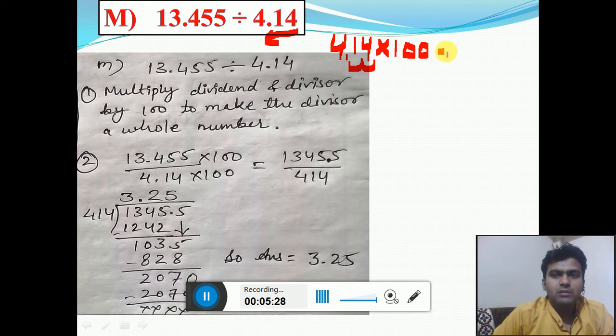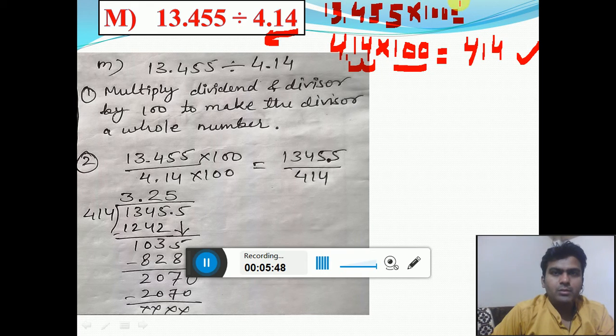So this number will become 414. Now our divisor has become the whole number 414. We are multiplying the divisor, the denominator, by 100, so we have to multiply the numerator also.